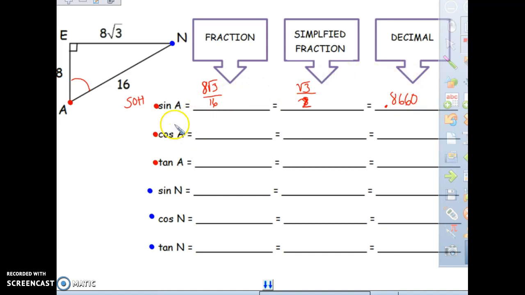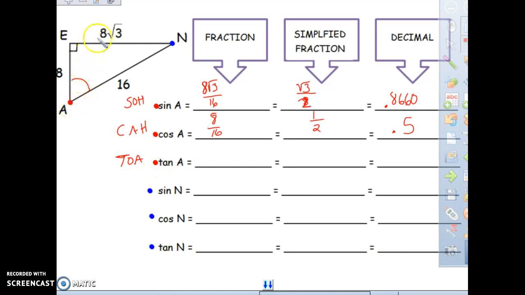Cosine. The cosine of A. Cosine means CAH, so we're looking for adjacent 8 over hypotenuse 16. So we reduce to a half for 0.5. Tangent is TOA.